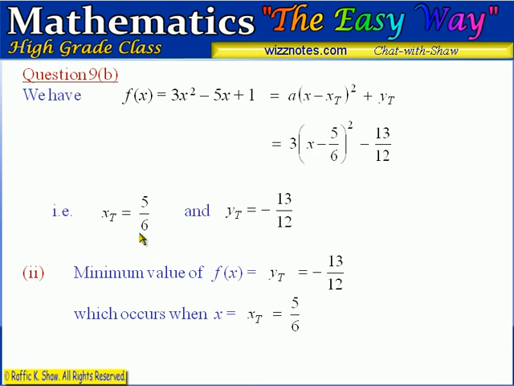And so that is the answer for this part of question 9b. The minimum value of f of x is yt, which is negative 13 over 12, and that minimum value occurs when x is equal to xt, the x value at the turning point, which is 5 divided by 6. And that's the answer for part 2.